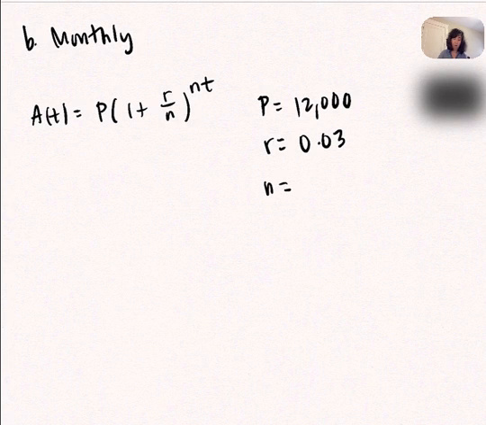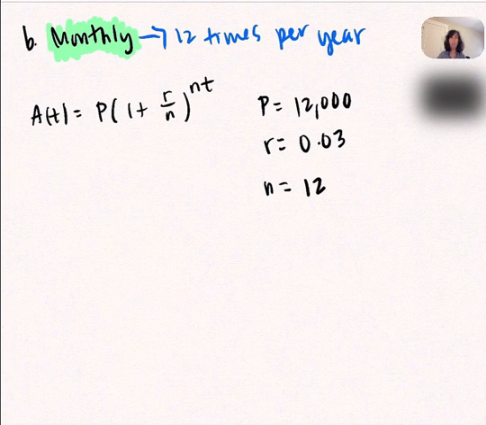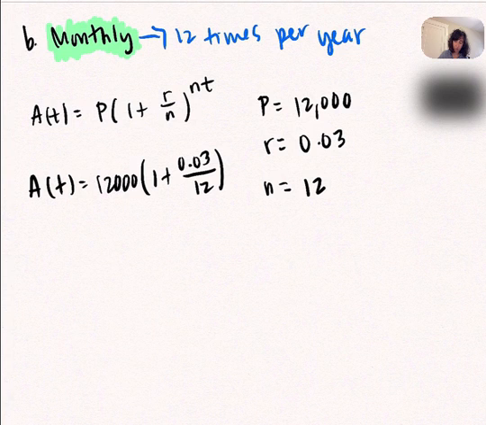So instead of compounding quarterly, we're compounding monthly. Now there are 12 months in the year, so that means we're going to compound 12 times per year. In other words, our N value is going to be 12 instead of 4. So our general formula will be A of T equals 12,000 times (1 plus 0.03 over 12) to the 12t.